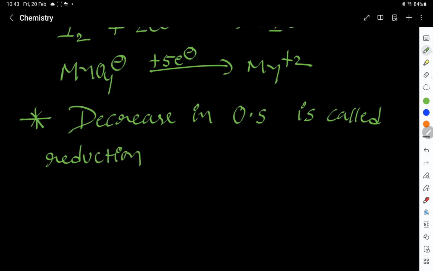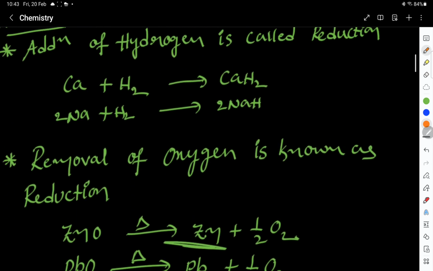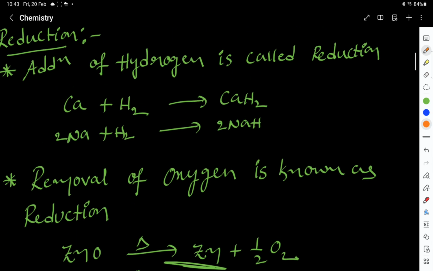If you want to check, I'll show you. Here we said it is addition of hydrogen, right? Addition of hydrogen is correct. What is its oxidation state here? 0, right? We all know very well.